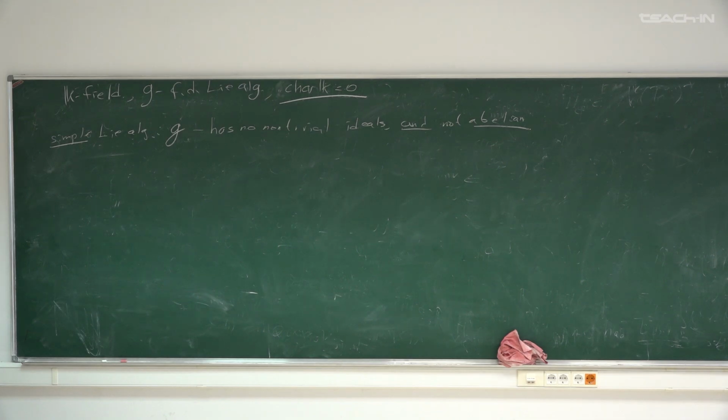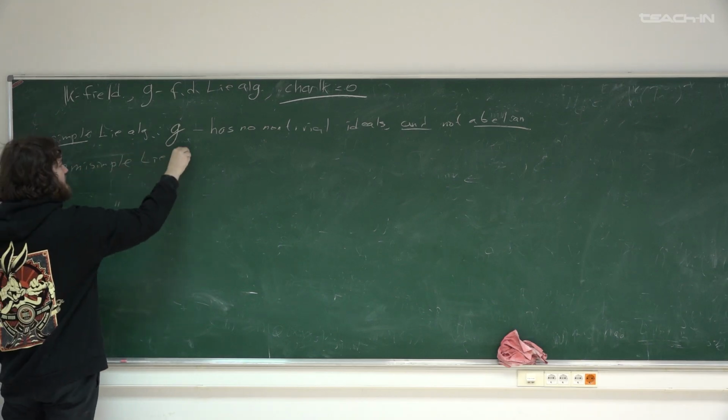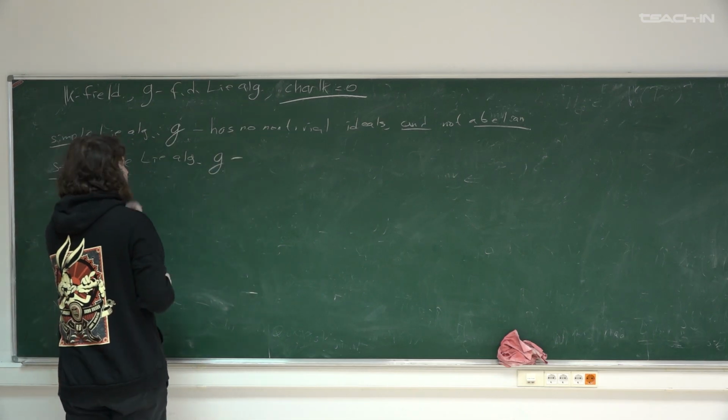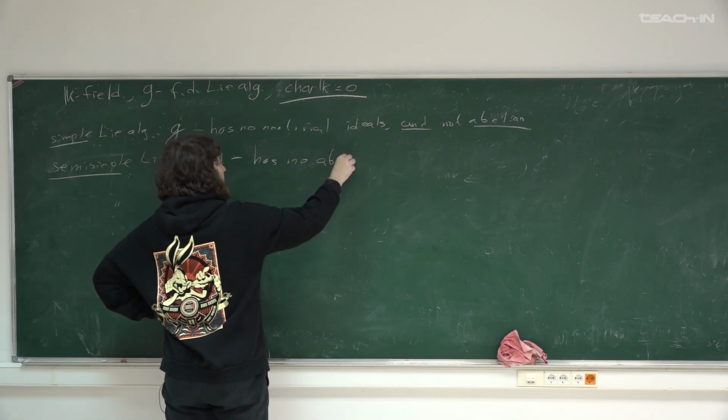Okay. A Lie algebra is semisimple means it has no abelian ideals.